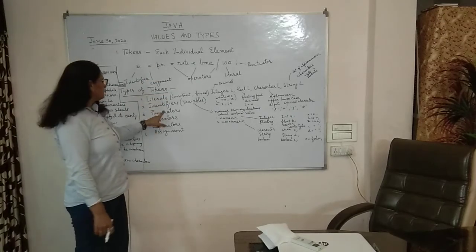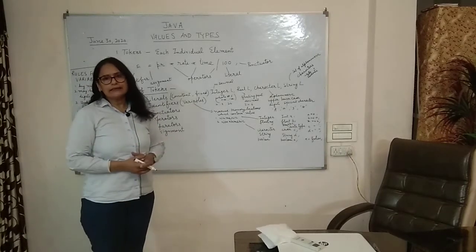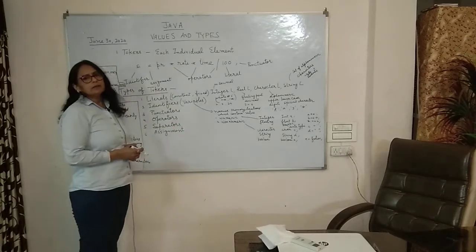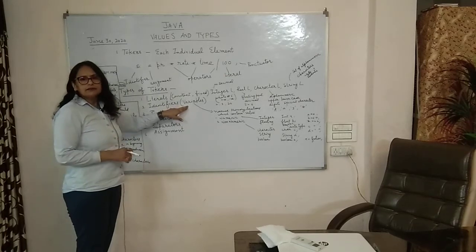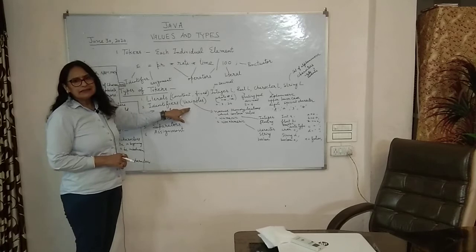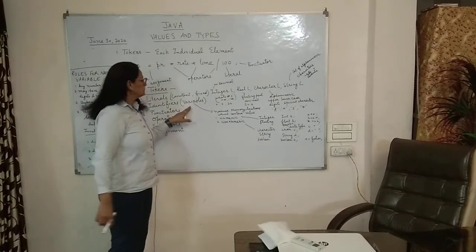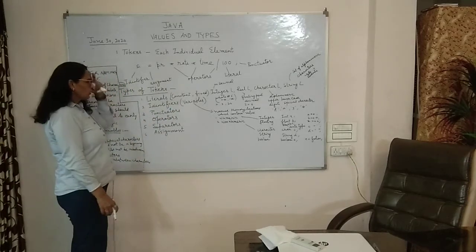First of all, identifiers. My dear friends, identifiers are also known as variables. What are variables? Variables are the memory locations where we can store any constant value. But variables, as the name suggests, can change their values in the program according to the situation of the program.